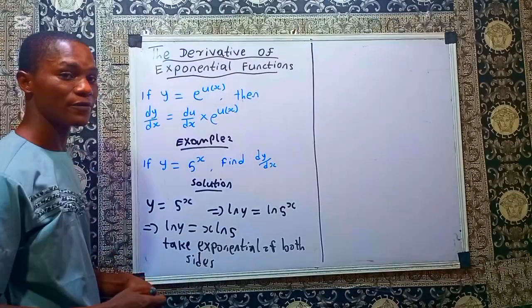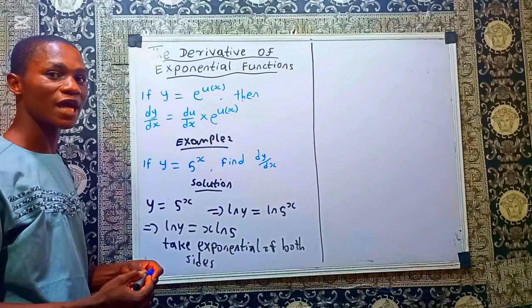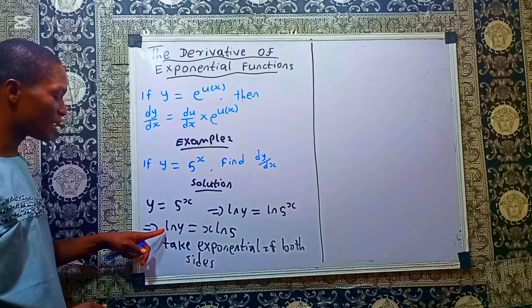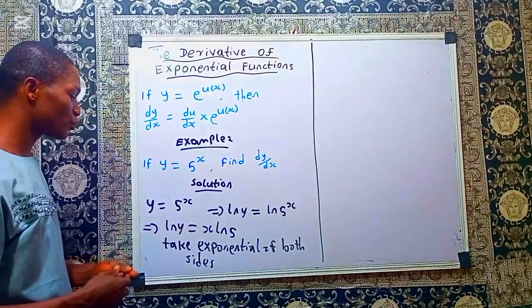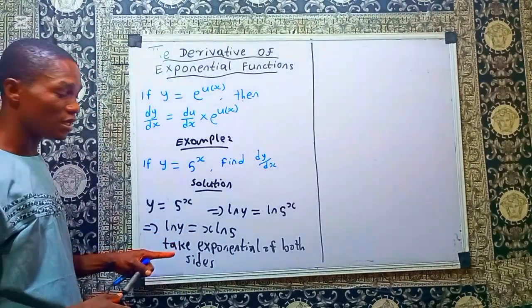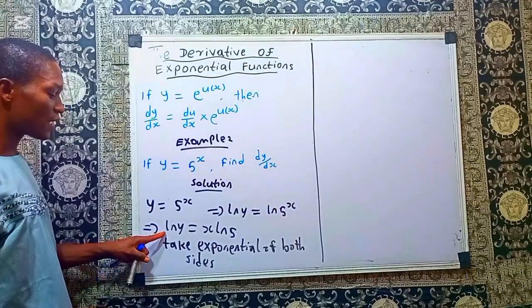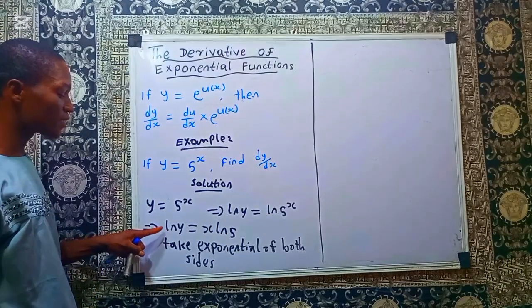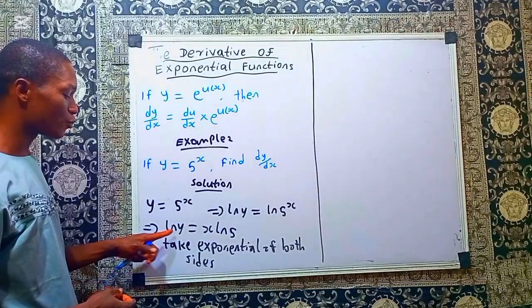So what I've written down here is that we should take the exponential of both sides. Remember, what we have here is ln y equals x ln 5. Why am I taking the exponential of both sides? I want to make y the subject, because once I put the exponential, that's the Euler number, here, the exponential will cancel this ln. Then I'm going to have y.